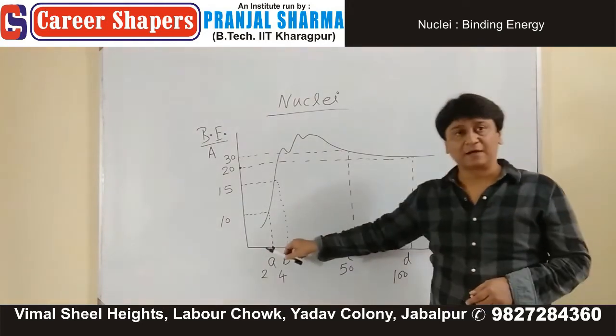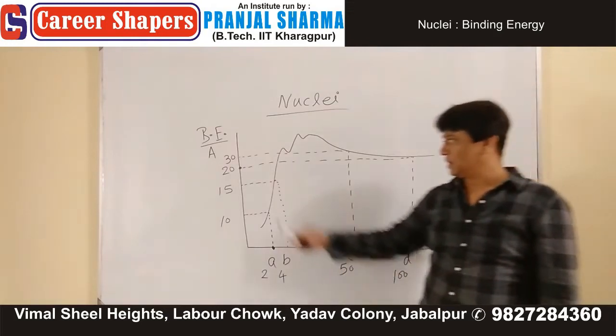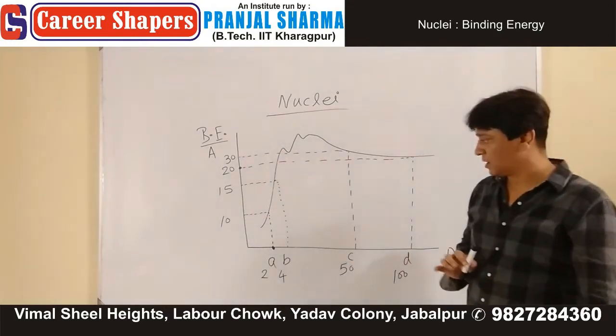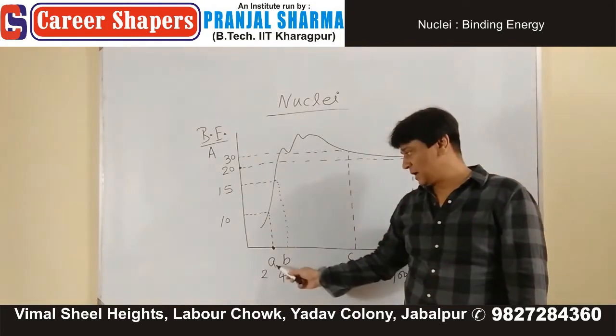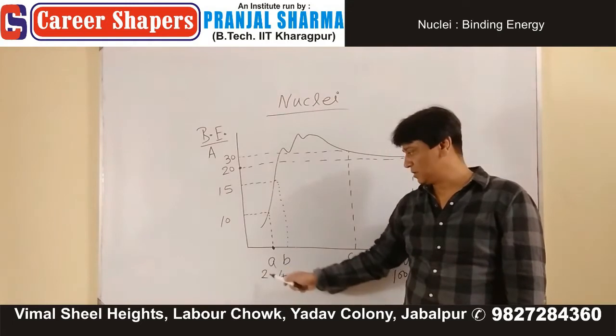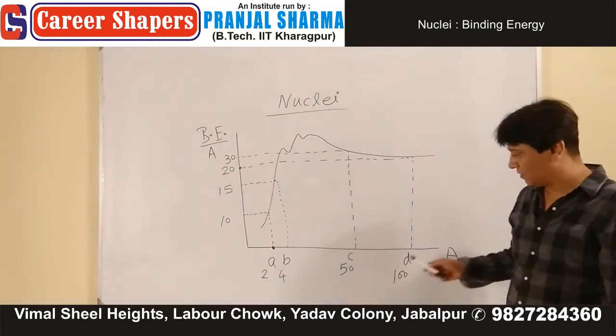The horizontal axis gives you the total number of nucleons present inside the nucleus, and the vertical axis gives you binding energy per nucleon. Now, look at the numbers. Mass number 2, double of that is 4; 50, double of that is 100.